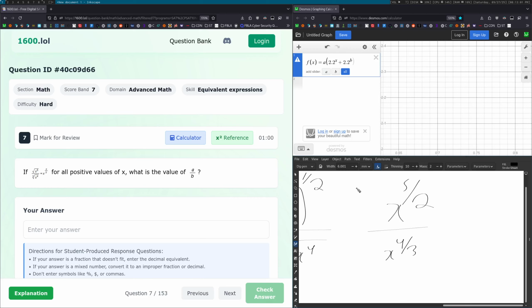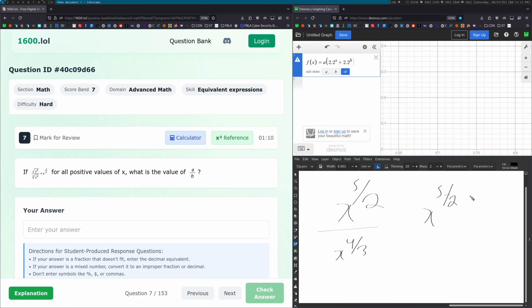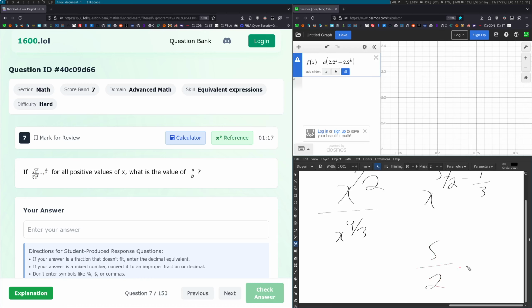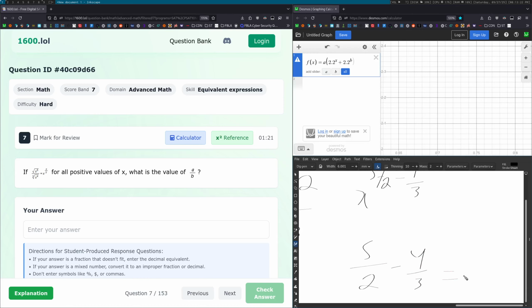For the final step, since we're dividing, we just subtract the exponents. So x to the 5/2 minus 4/3. Let's see what that is real quick. 15 minus 8 is 7 over 6.